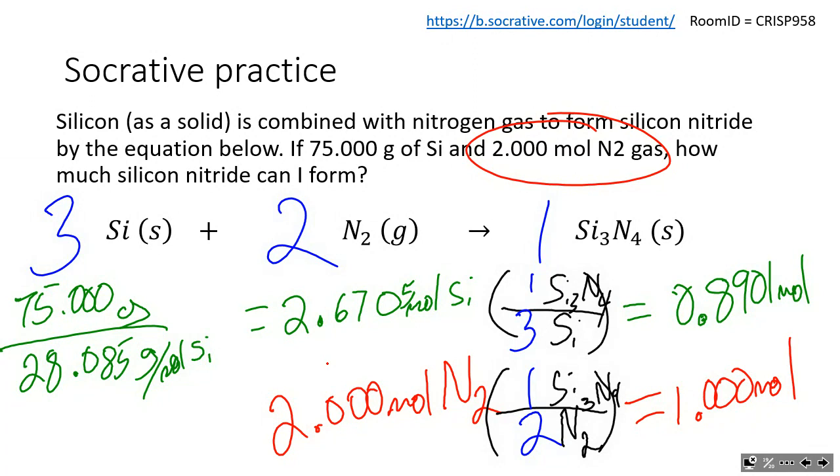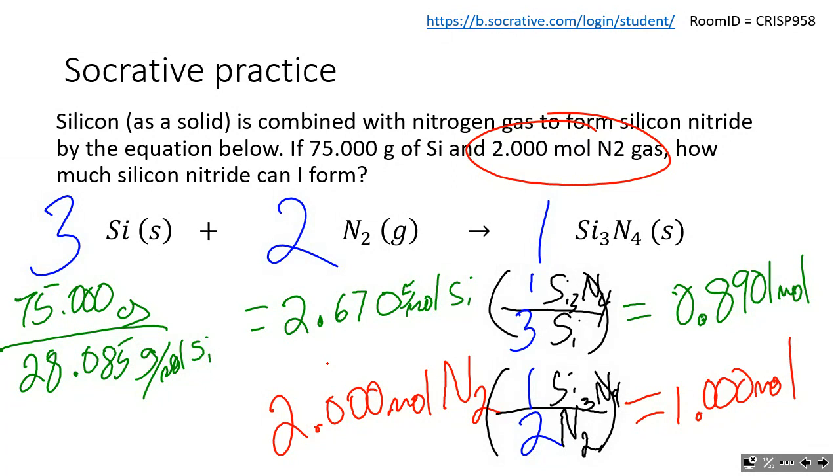So would that be our answer? What did it ask? How much silicon nitride can we form? Yes. So the 0.8901 moles of silicon nitride is our answer. We can never get to the predicted amount from nitrogen because our limiting reactant is silicon in this case. We run out of it first.